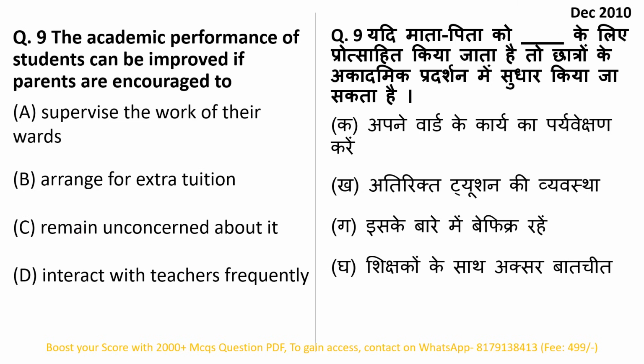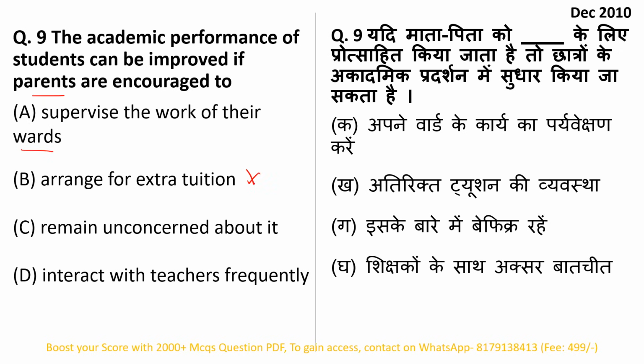The academic performance of students can be improved if parents are encouraged to... The question is asking what the parents should do so that the students perform well in the school or in the class. Supervise the work of their wards. Wards means students. Arrange for extra tuition.